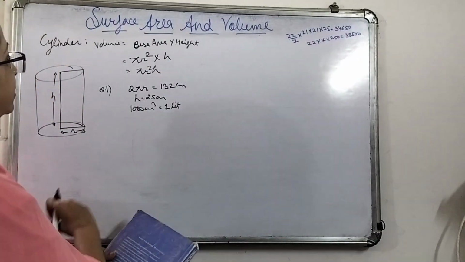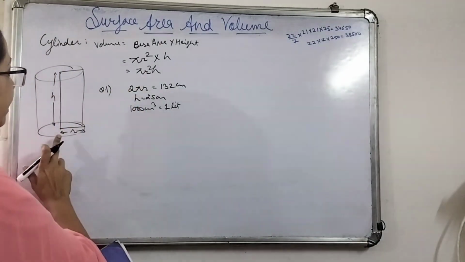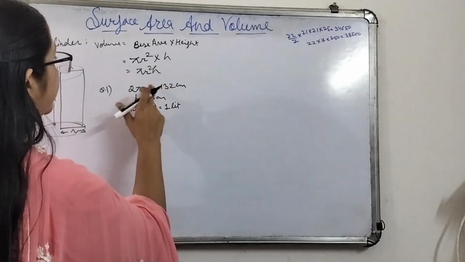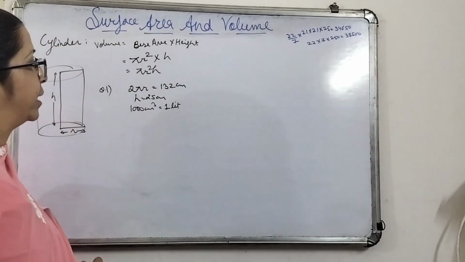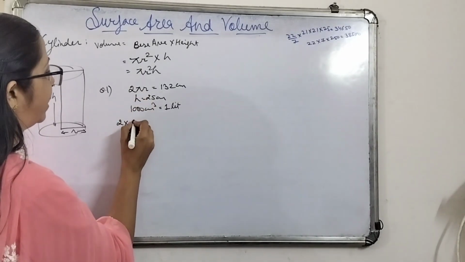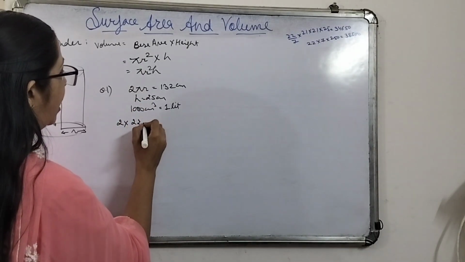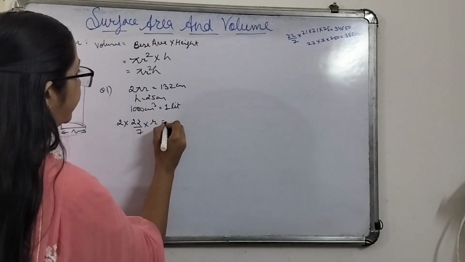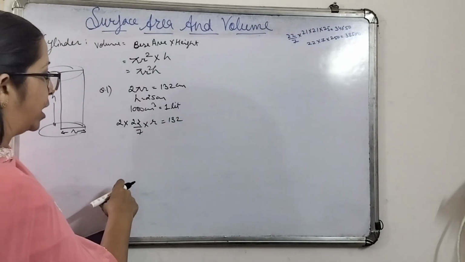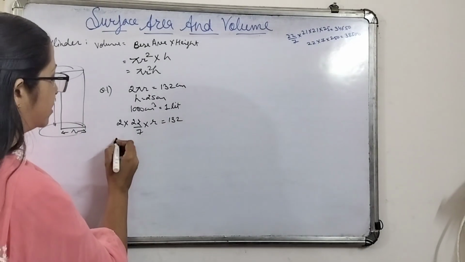Now see, the circumference of the base is given to us as 132. We know that the circumference is given by 2 pi r. So 2 multiplied by pi, which is 22 by 7, multiplied by r, is equivalent to 132. From here we can get the value of r, the radius of the base of the circle.